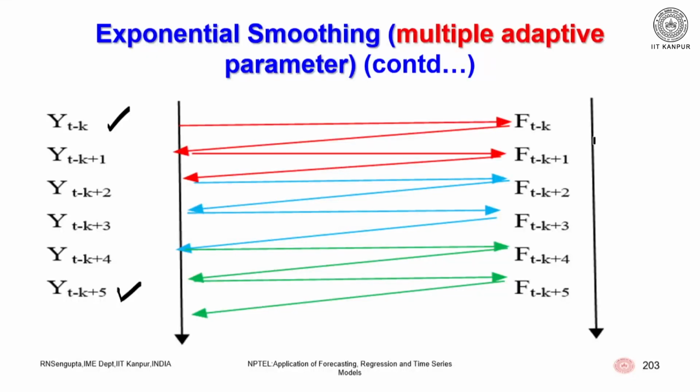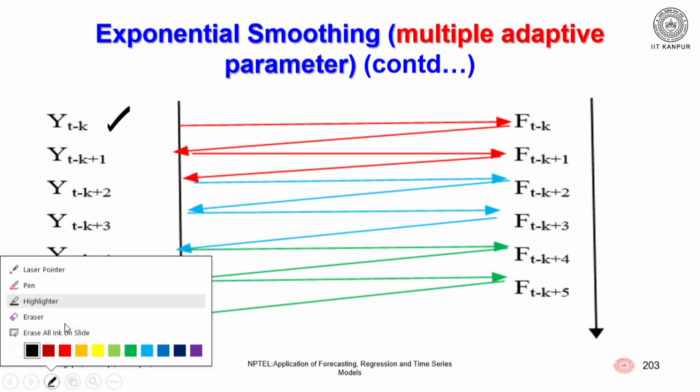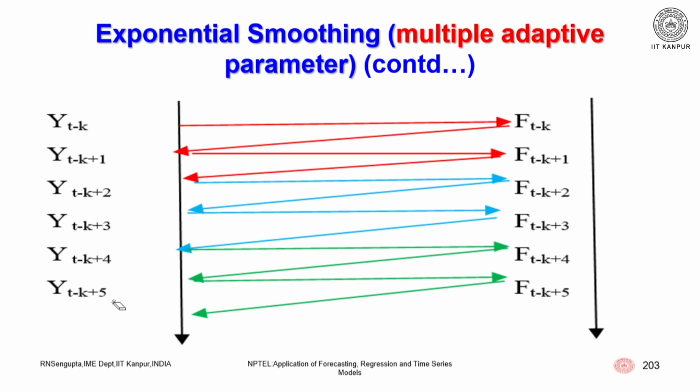The 4 values which are being utilized are, I will again repeat, which I mentioned a few minutes back, but still I will mention it. They are y t, f t, y t minus 1, f t minus 1. So, if I see the red combination, there are 4 values here.